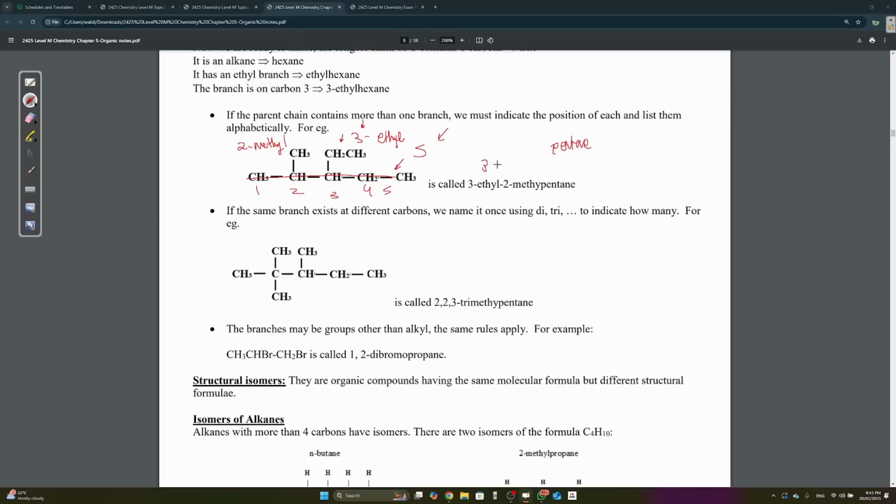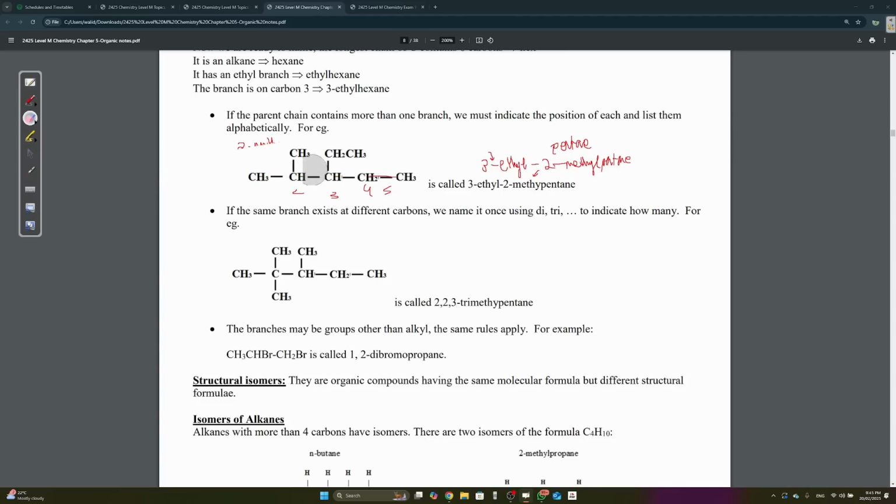So you say 3-ethyl-2-methylpentane. You need to know you can't put a number connected to a letter in chemistry. You're not allowed. You have to always put the dash anytime you want to separate a number from a letter. You must.